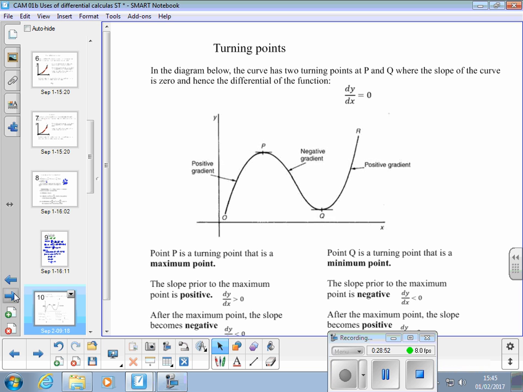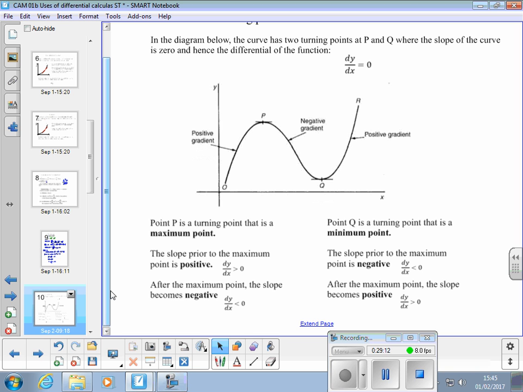In the diagram below, the curve has two turning points at P and Q, where the slope of the curve is 0, and hence the differential of the function, dy by dx, would be equal to 0. Point P is a turning point that is a maximum.